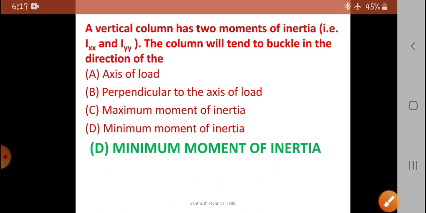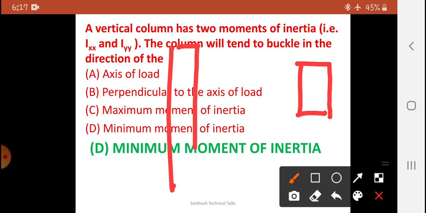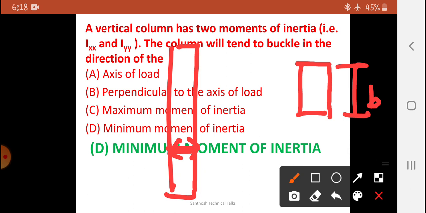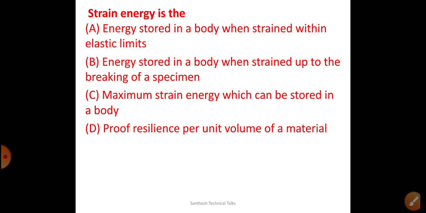If you take a rectangular column, with the cross section like this, since the thickness is very less compared to breadth, it easily tends to buckle like this. So where the moment of inertia is minimum, on that side it tends to buckle.